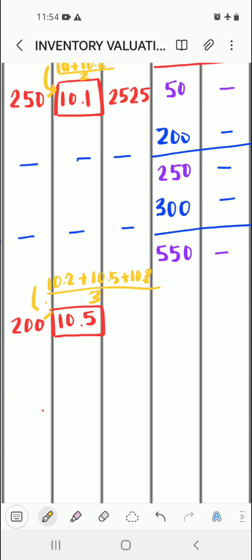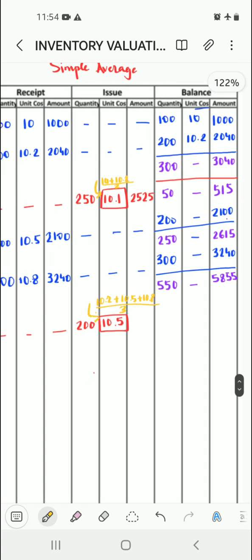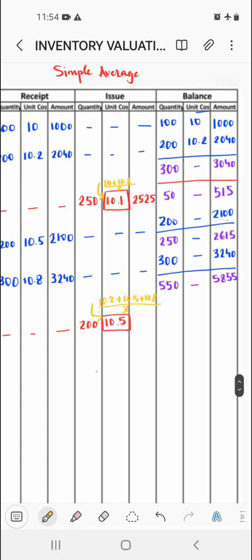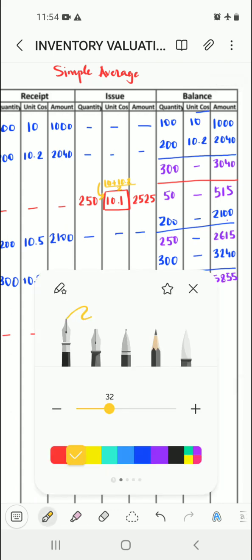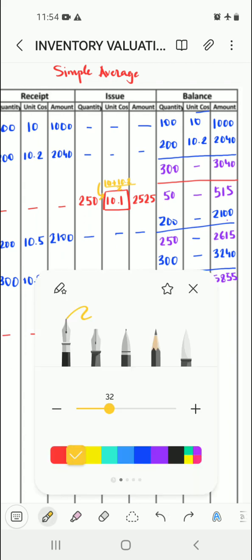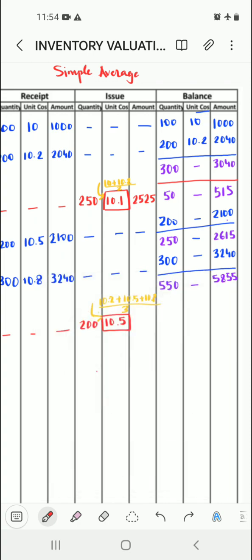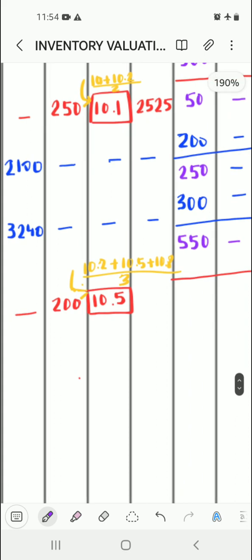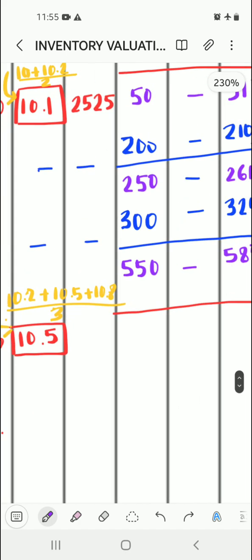Working. Now what are we left with? See, we had 550 here, 200 gone. So now we are left with only 350. So we're going to write it here. 550 minus 200, that is 350.